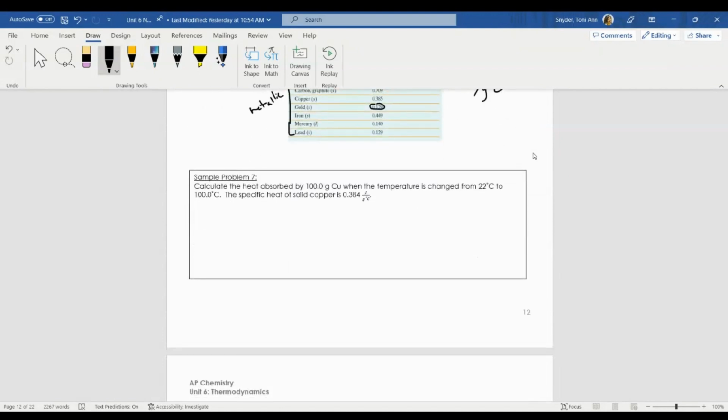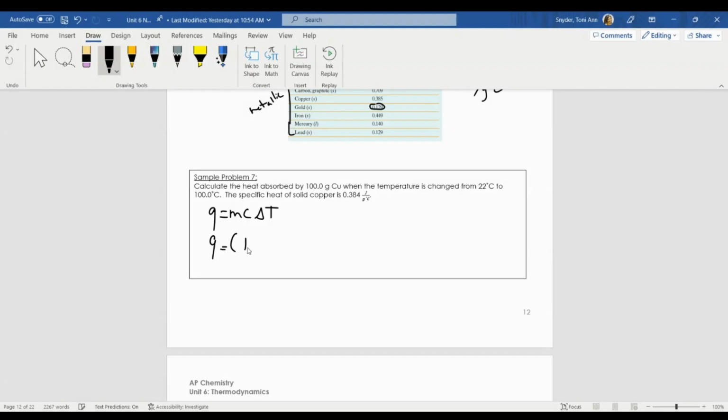Let's do an example here. Calculate the heat absorbed by 100 grams of copper when the temperature is changed from 22 to 100 degrees Celsius. The specific heat of solid copper is 0.384 joules per gram degree Celsius. We're just going to use Q equals mc delta T. This is the big equation you should know for this unit. So I want to calculate Q, the heat.